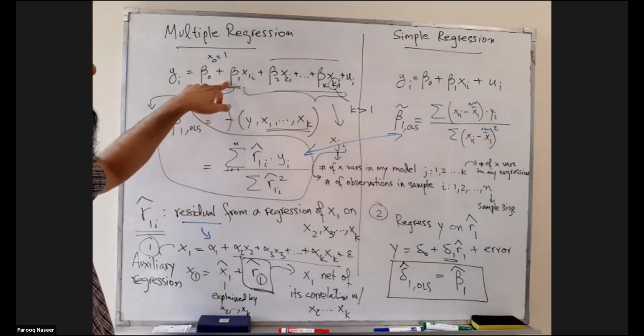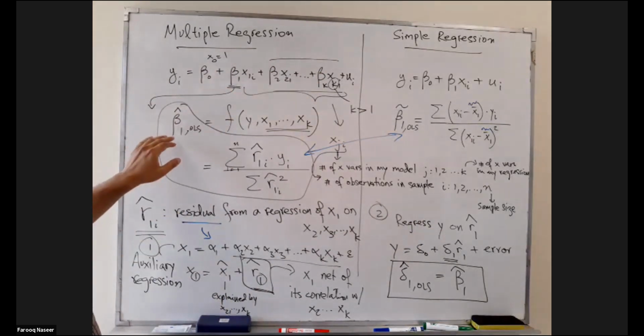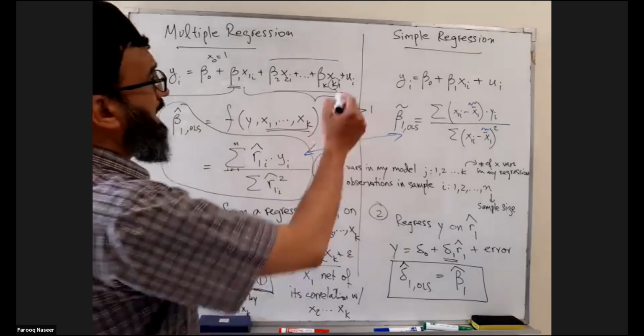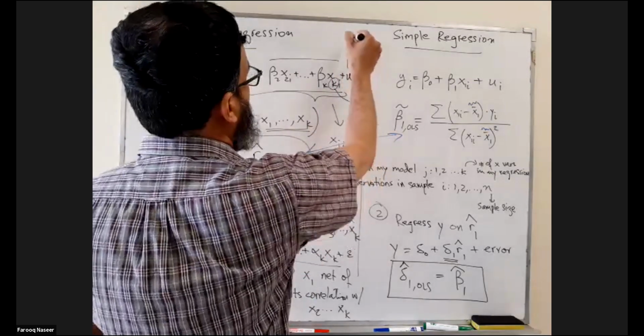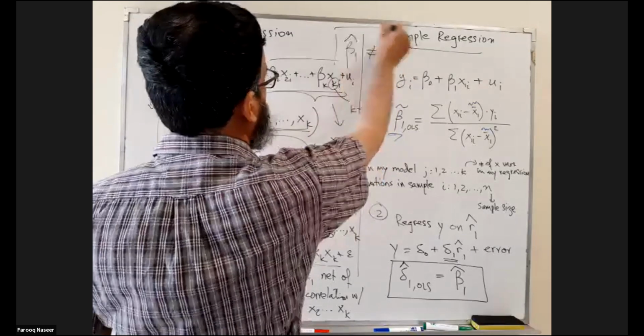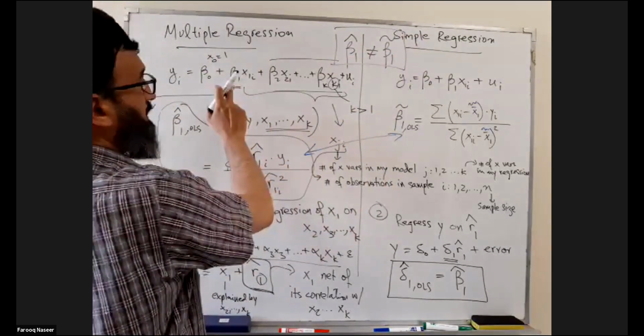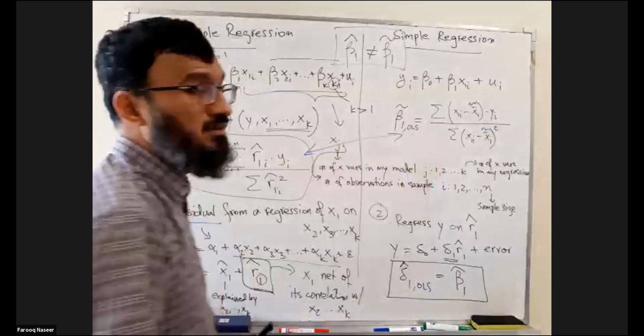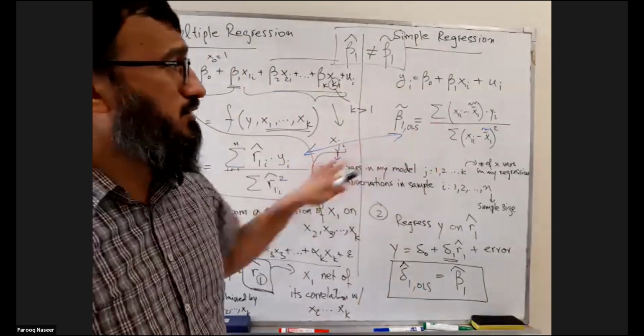So will the two estimates be the same? No. So in general, beta 1 hat is not equal to beta 1 tilde, right? The estimate that you will get on your slope coefficient from a multiple regression will not be the same because they are coming from two different formulas, right?